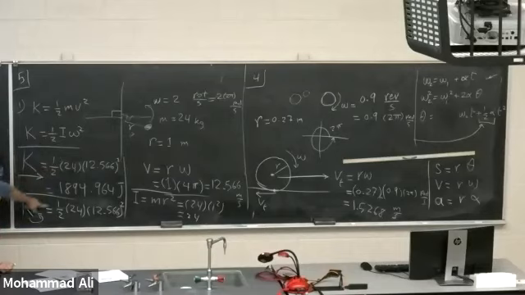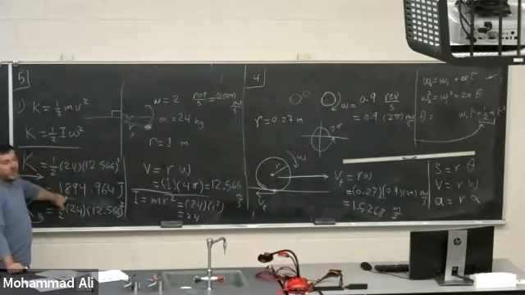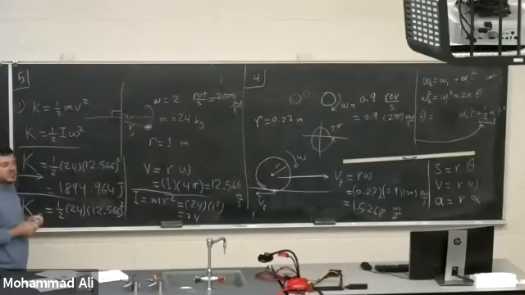It is the same. So the kinetic energy is the same, 1,894 joules. They are always the same? In this case, yes. In a different system, we have something else.